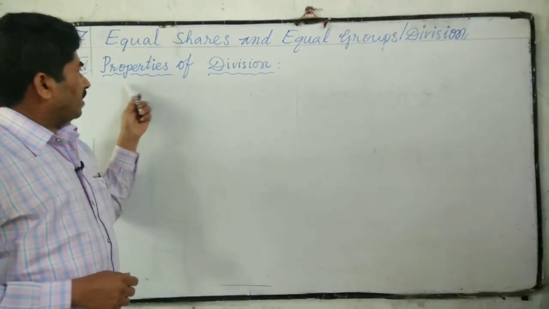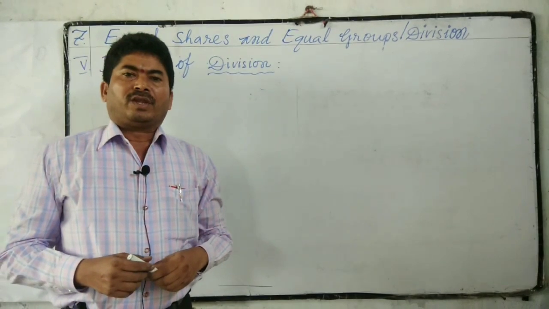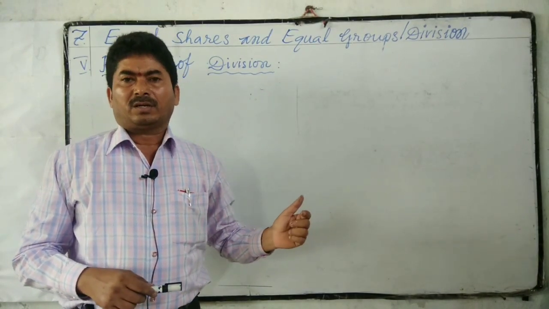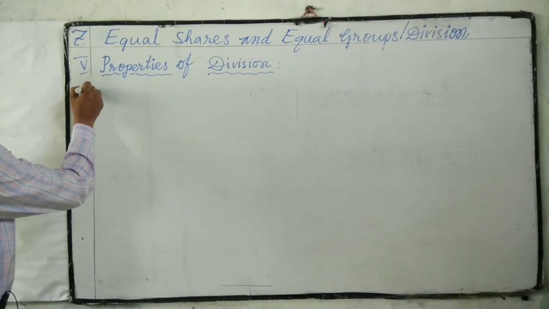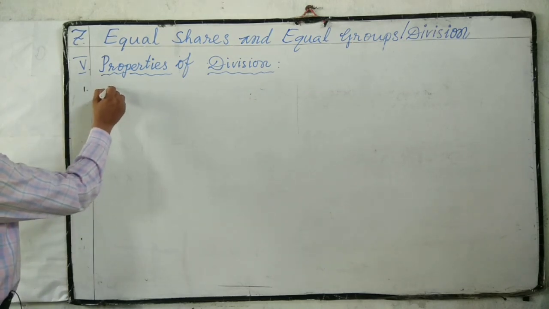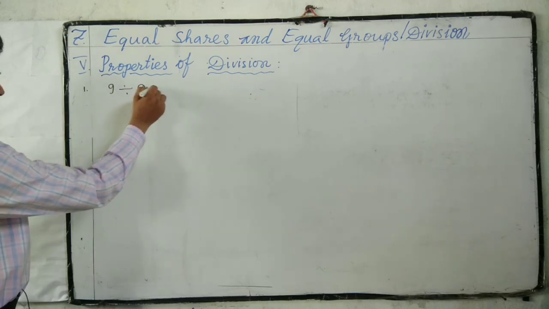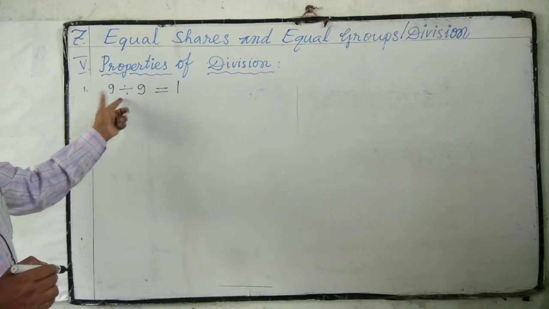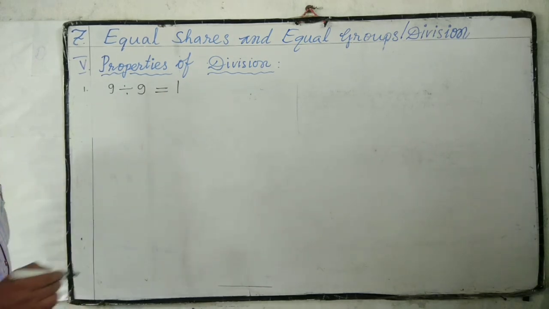Now, properties of division. When a number is divided by the same number, the quotient is 1. Example, 9 divided by 9 is equal to 1.